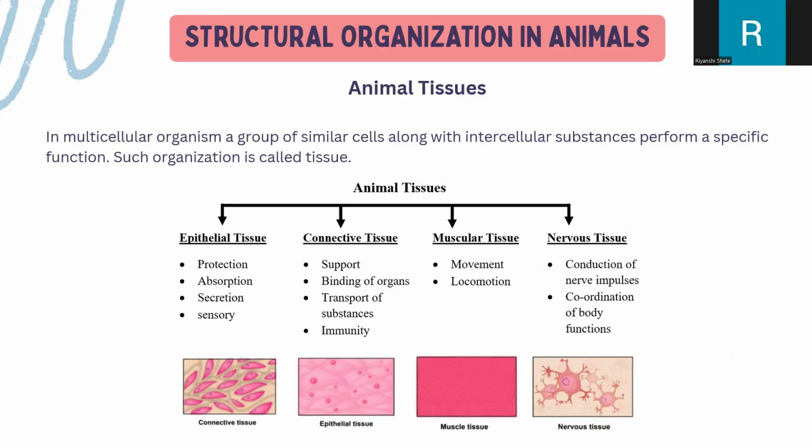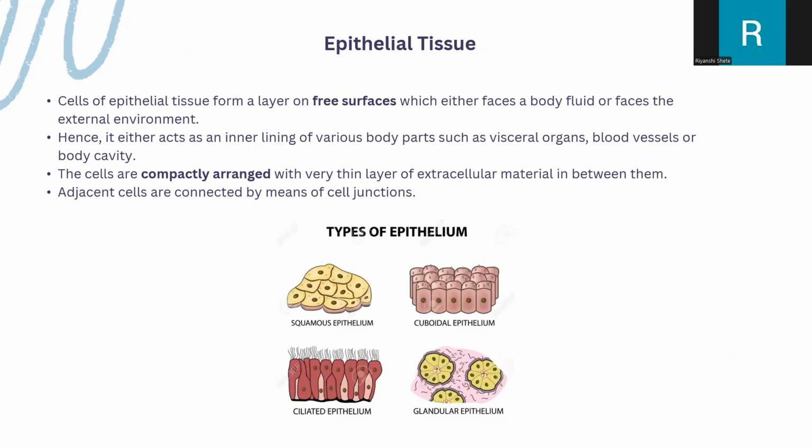There are four important types of tissue in animals: epithelial tissue, connective tissue, muscular tissue, and nervous tissue. Below I have mentioned diagrams where you can easily differentiate them, and their functions so that you can easily remember them. We are going to learn this in detail further.